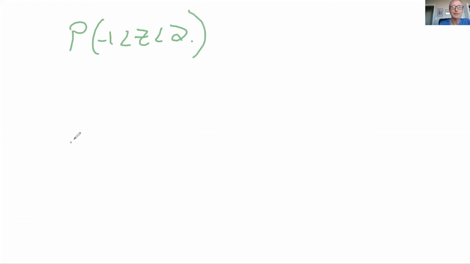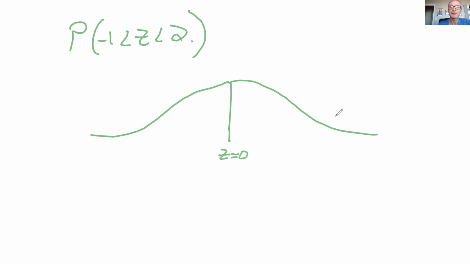So if you look at that little sketch, it's usually easier to do that. There we go. And so this would be a z-score of 0. That would be our mean. So if we go up to 2, it'd be somewhere up here.